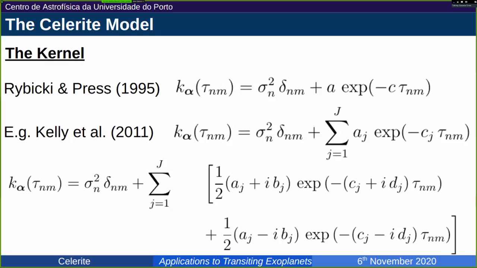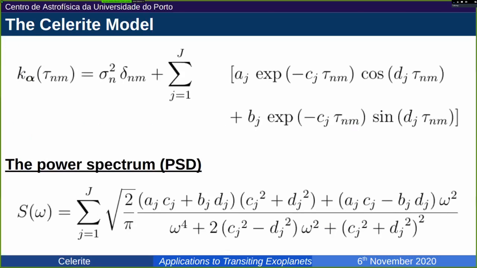The generalization can be taken further, expressing each coefficient as complex parameters. So with the complex components in the trigonometric form, the autocorrelation structure is defined by a mixture of quasi-periodic oscillators, as you can see in the first kernel.